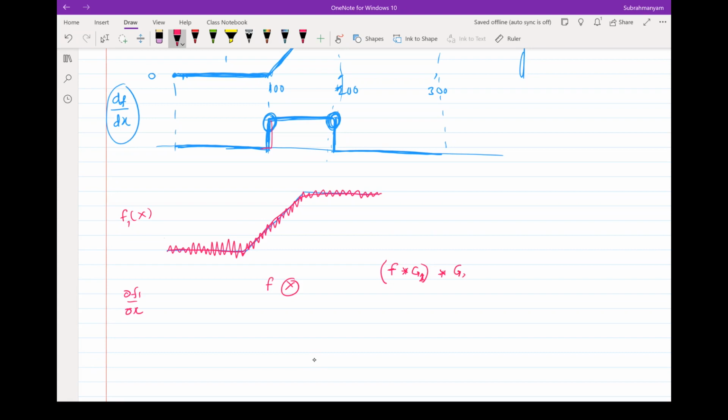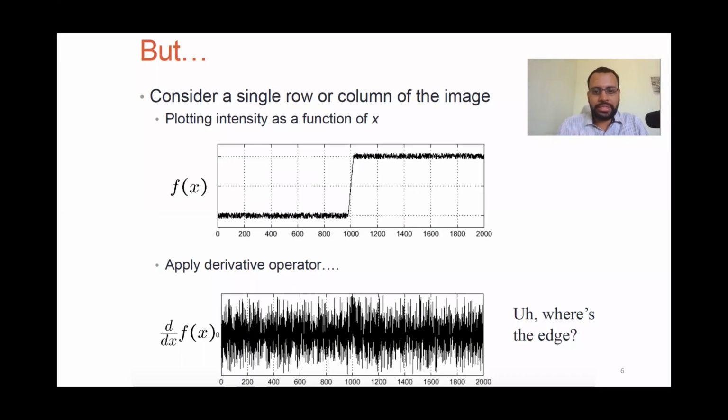Then g2 is my gradient kernel for gx, let's say the gradient kernel in the x direction. Then you would get a more reliable result, where you can get rid of such noise that got added up. So this is what we were discussing.